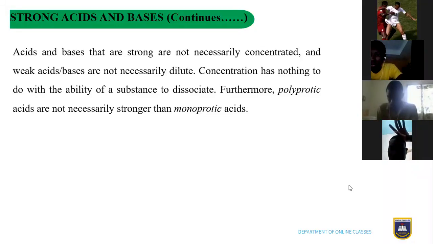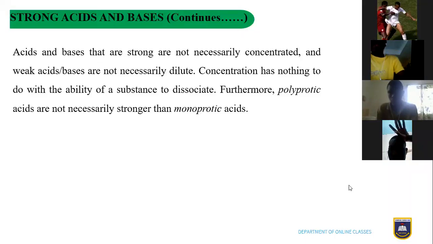Note that when writing the equation to show the dissociation of a weak acid and of a weak base, we use the equilibrium sign, because that dissociation is not a complete dissociation. There's always an equilibrium between the unionized part of the acid or of the base and the ionized part. So the equilibrium sign is used to depict that.